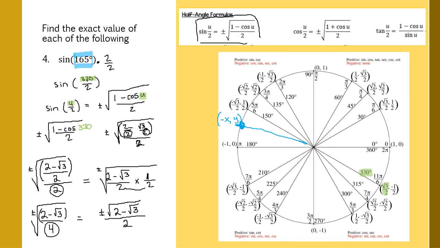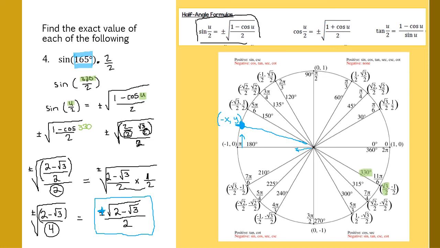So this point here on the circle, it is to the left, so x is negative, but it is up, so y is positive. So if we are looking for the sine, that's the y coordinate, so it is still going to be a positive number. So my final answer here would be the positive root of quantity 2 minus root 3 over whole number 2. So that is the sine of 165 degrees.